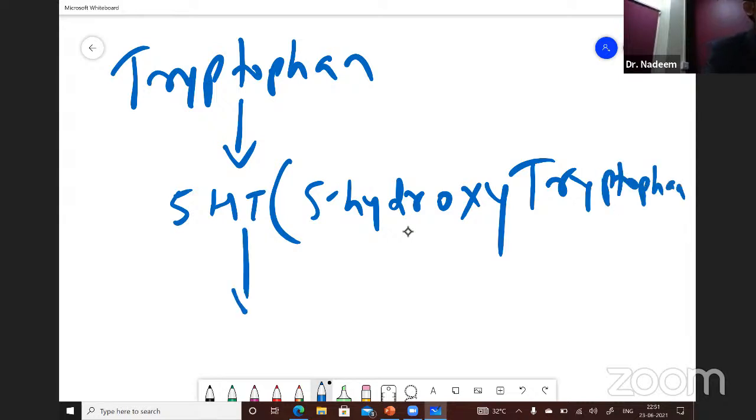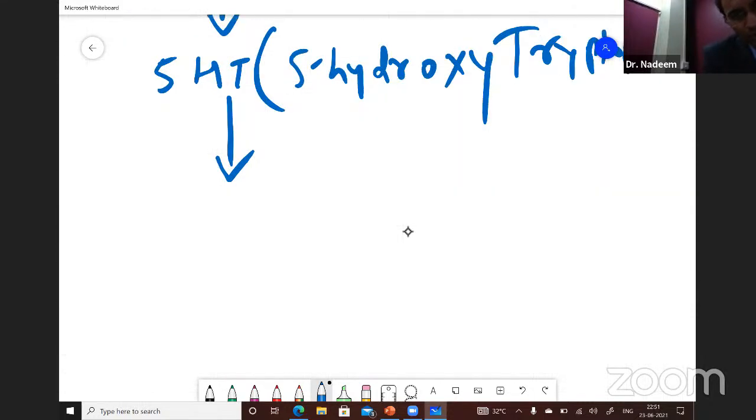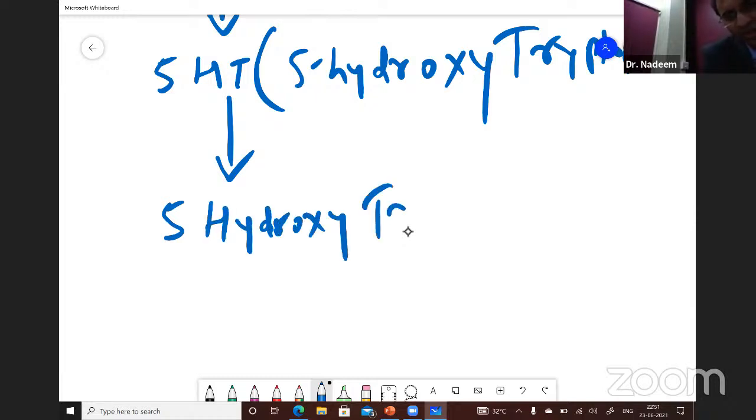After that, this is going to be converted into 5-hydroxytryptamine, whatever you say. So this is called serotonin.